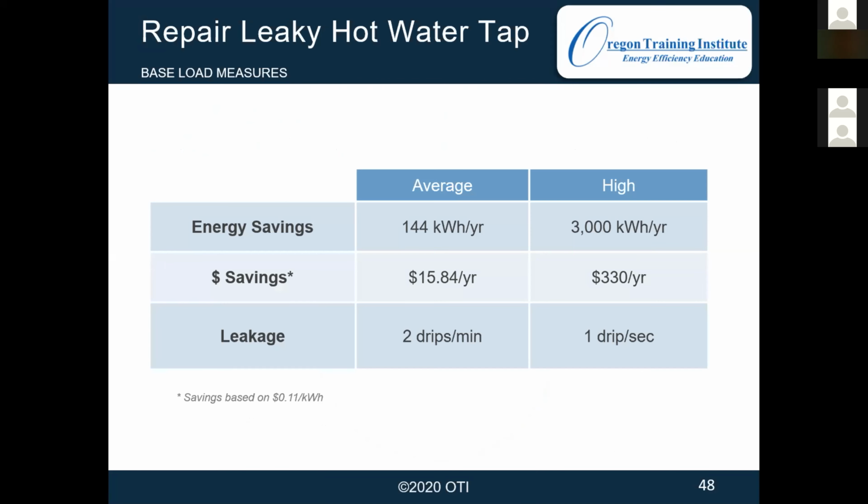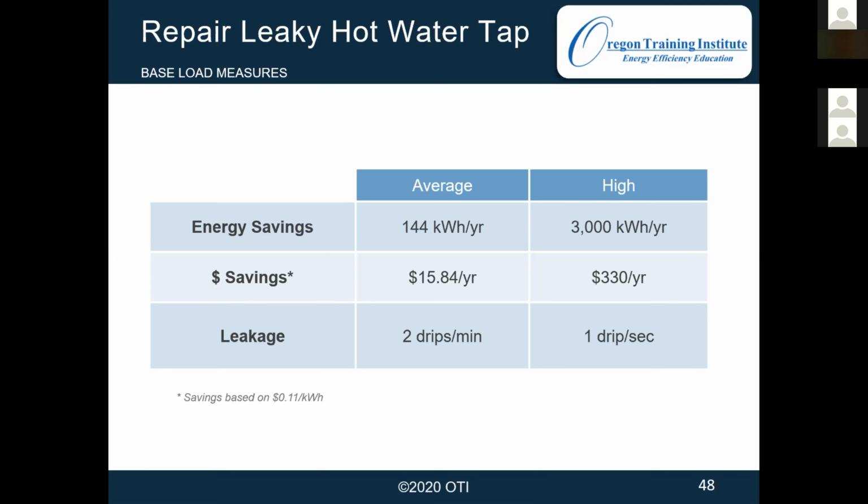And here we're looking at just, what about hot water leaks? Those are going to add up too. So getting those fixed can save a lot of money. And this is just on the water heat side, let alone the water side of things. They're going to have to pay for all this water. So on average, about $15 a year per leak.